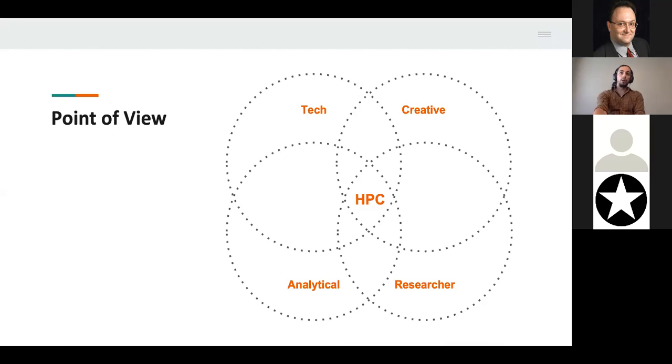So just to look at the point of view here, HPC is the creativity and analytical side. Then you bring the researchers, because you need to discuss all of this with them and their needs as end users. And then your tech side figures out the best way to deliver and fix the problems the researchers are looking for.